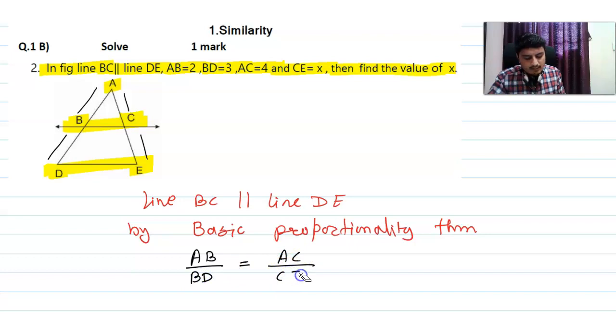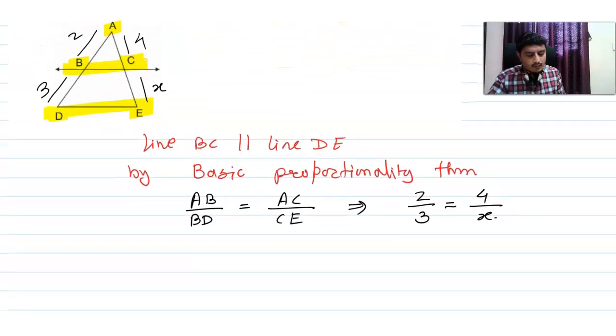Try to replace by their values. As per the given data, the value of AB is 2, BD is 3, AC is 4 and CE is X. So this implies 2 divided by 3 equals AC is 4, CE is X, we are getting 4 by X.